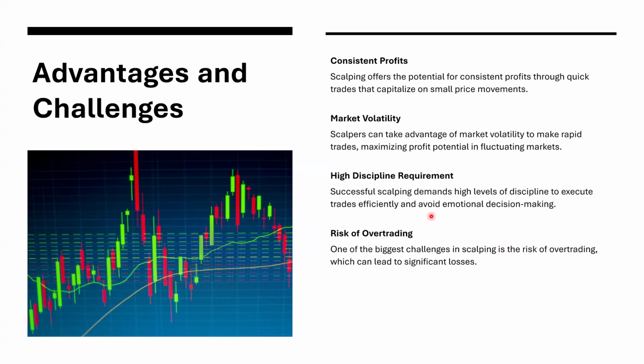Emotional decision making can kick in, and if you are not careful, you can engage in overtrading because you might want to get back what you've lost in the market. If there is no proper risk management involved, you are done. One of the biggest challenges in scalping is the risk of overtrading, which can lead to significant losses. You just have to be very, very careful when it comes to that.